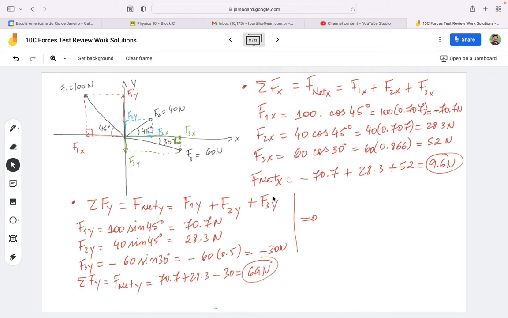So we have a large y component for the net force in question, and a small one for the x-axis.